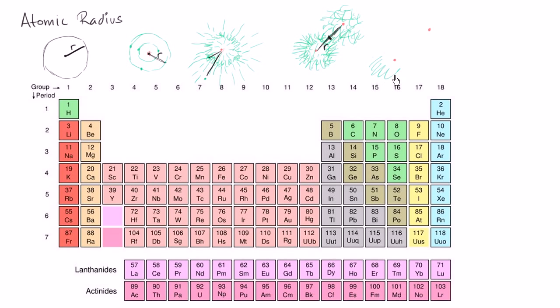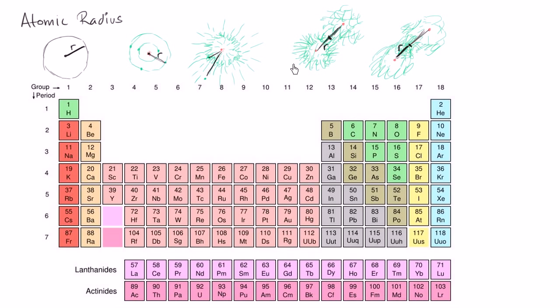So their electron clouds actually overlap with each other. In a covalent bond, the electrons in that bond can spend some of their time on this atom and some of their time on this atom right over here. And so when you have a covalent bond like this, you can find the distance between the two nuclei and take half of that and call that the atomic radius.